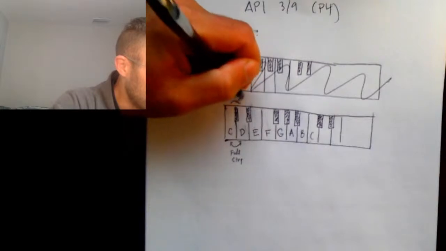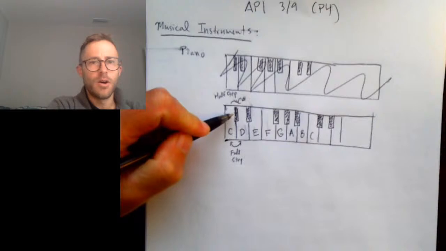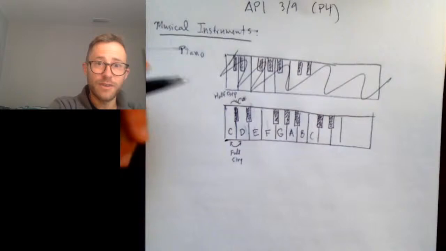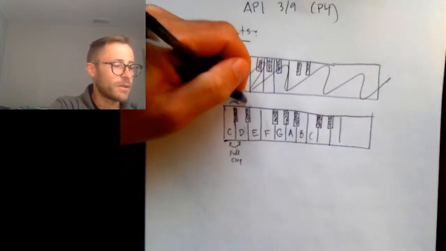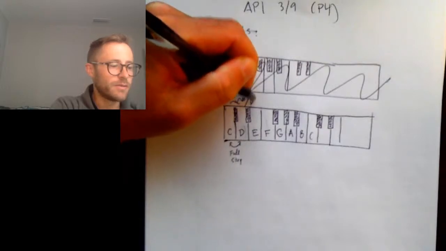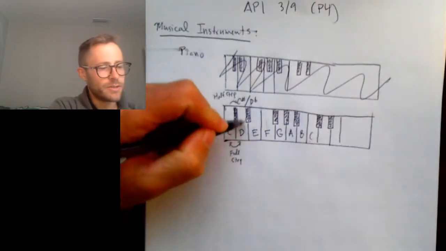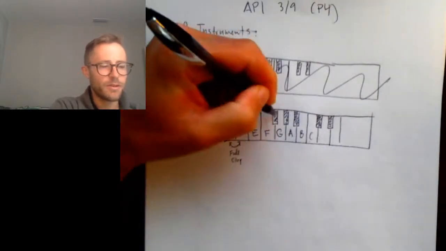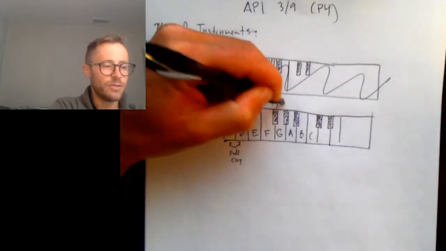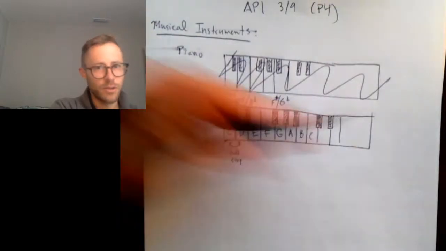So this is C sharp. Alternatively, if you go down a half step, that's called a flat. So C sharp is also D flat. Similarly, this would be D sharp. This would be F sharp, which is also G flat, and so on. So you have all these keys.